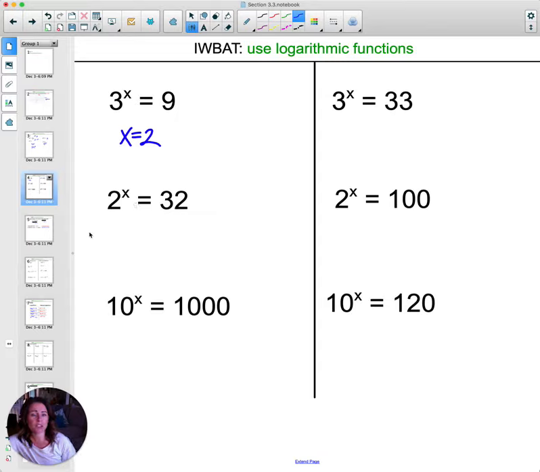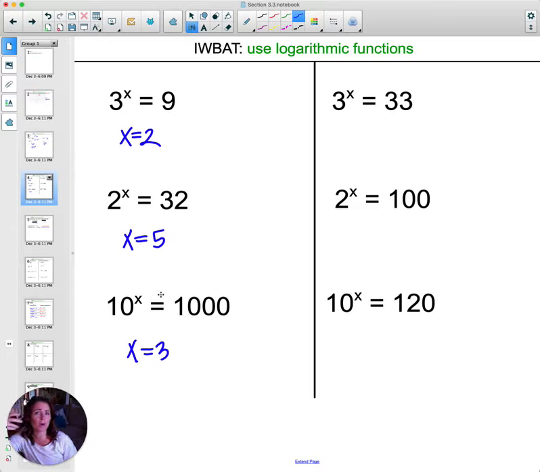So 2 times 2 is 4, times 2 again is 8, times 2 is 16, times 2 is 32, so that's 5 times. Okay, so 2 to the fifth power is 32. 10 times 10 is 100, times 10 again is 1,000. So this one's going to be x equals 3.